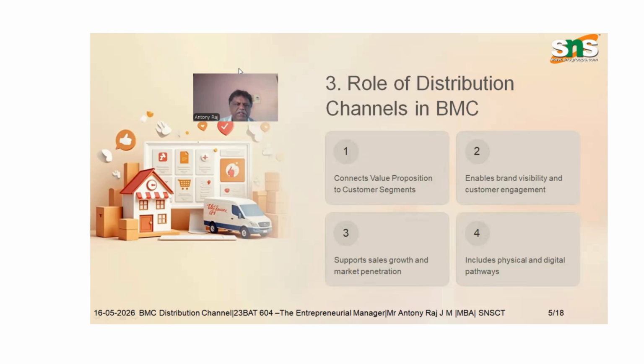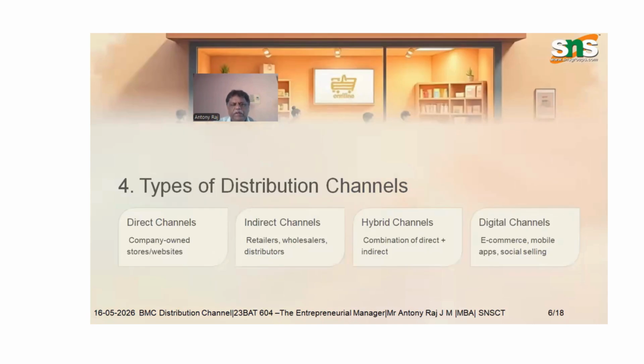The physical and digital pathways are also very critical because there are a lot of digital deliveries happening today. And what are the various types of distribution channels? We have these 4 channels. One is the direct channel, where the company-owned store and website let customers purchase directly from the company.